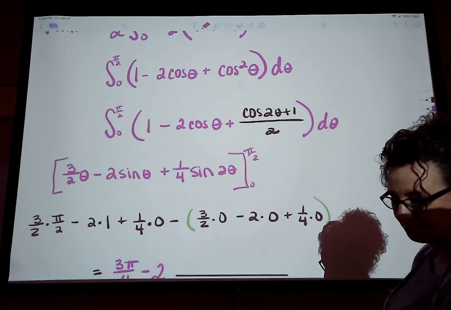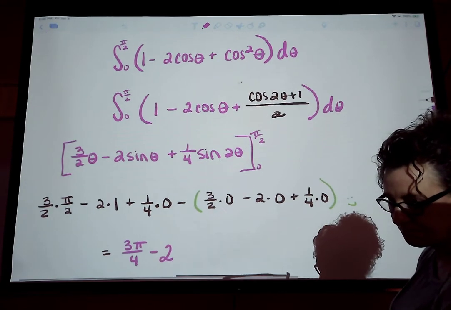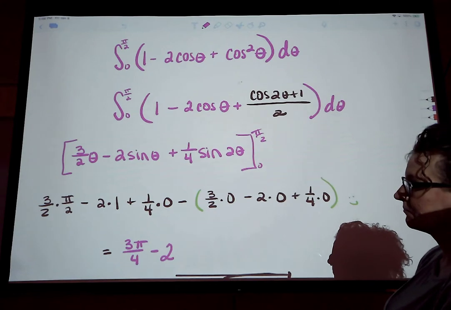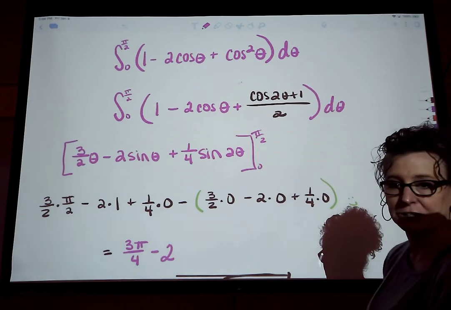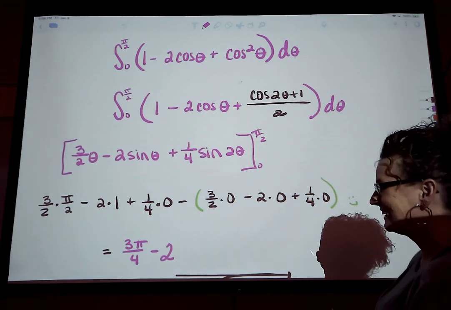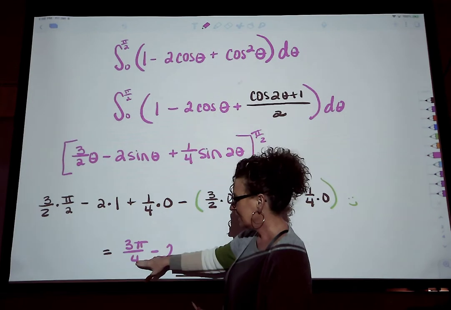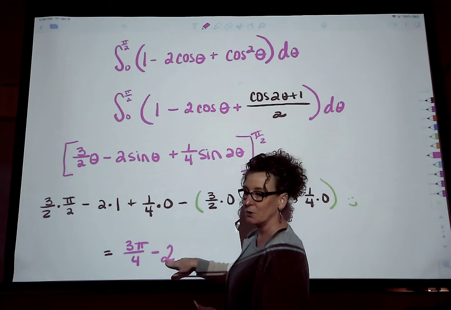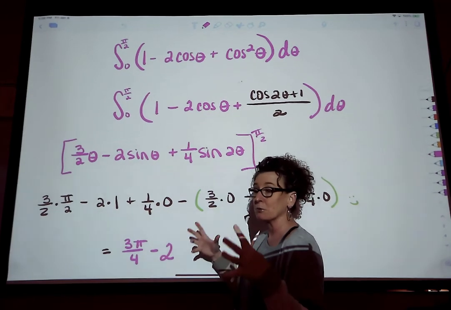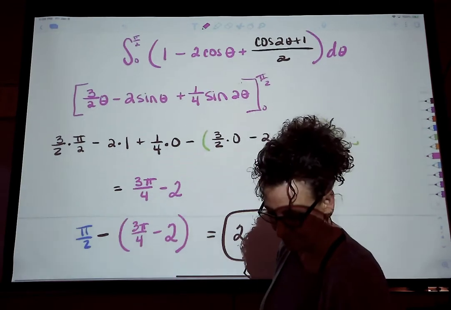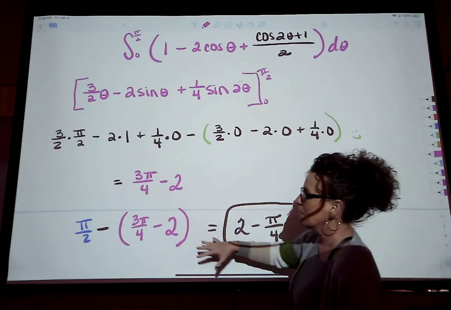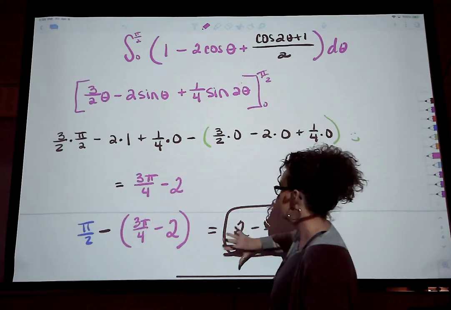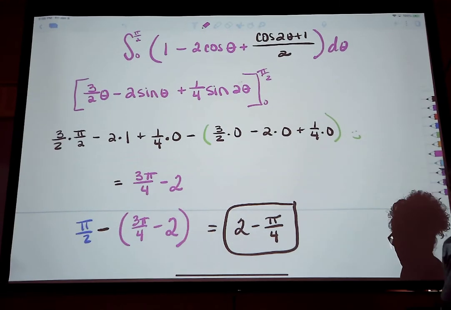Sub them in. Changed colors to black. I'm not sure why I did that. My pink area here is 3 pi/4 minus 2. And again, remember, we need to take blue area minus pink area. This gets me the shaded region.